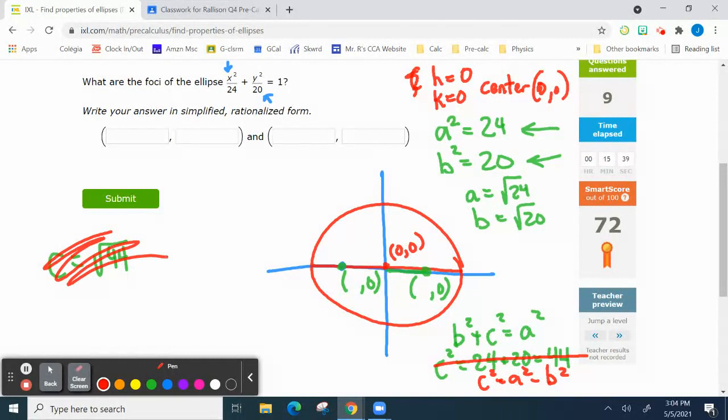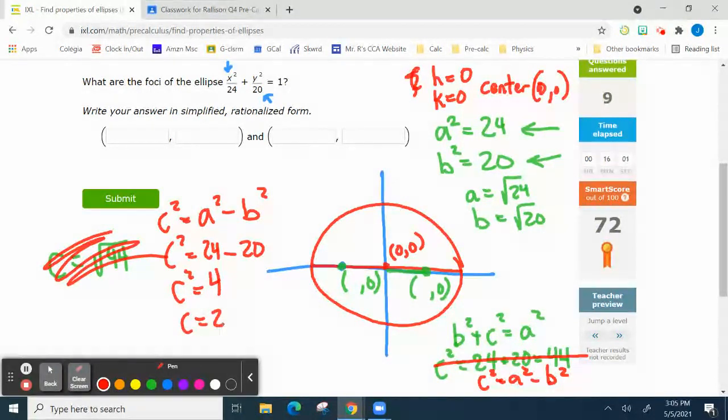So now we're going to go back over here and we're going to go C squared equals A squared minus B squared. So C squared equals, and what's A squared? It's 24. Minus B squared is 20. So C squared equals 4, which means C equals 2.